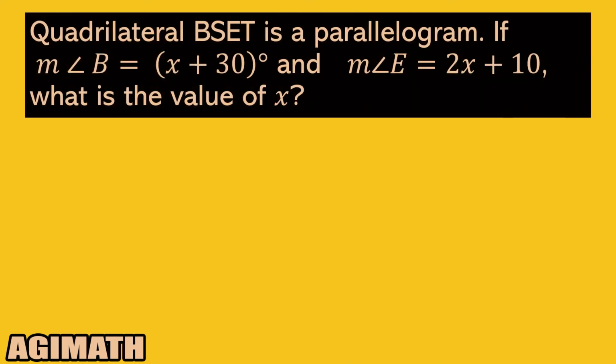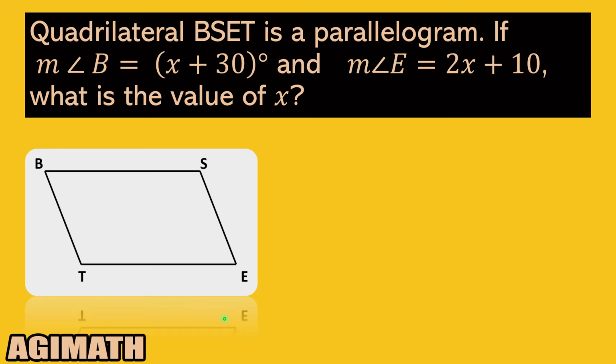Quadrilateral BSET is a parallelogram. If the measure of angle B equals x plus 30 degrees and the measure of angle E is equal to 2x plus 10, what is the value of x? So basically, when you have problems like this, the best thing to do is to draw the parallelogram and label it accordingly. So for example, this is our parallelogram, BSET.